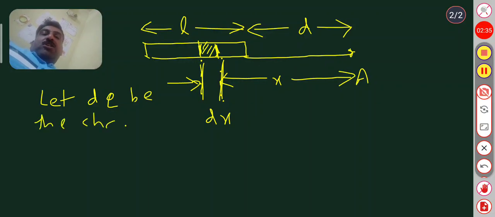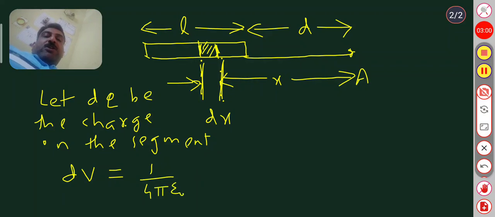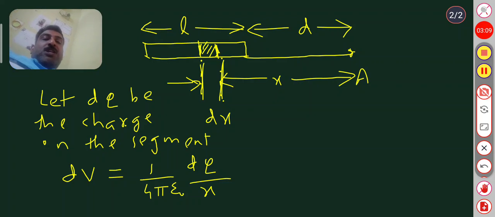What is the potential created by dq? dV is equal to 1 by 4 pi epsilon 0 dq divided by x, isn't it? This segment is at a distance x from point A.